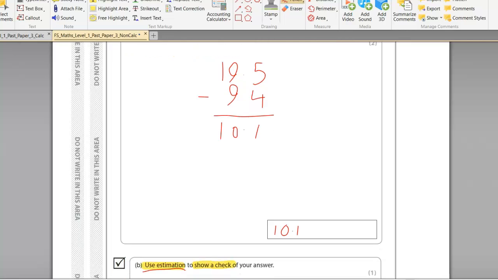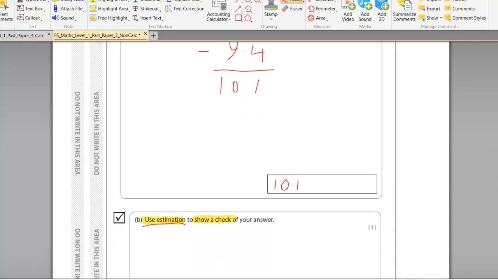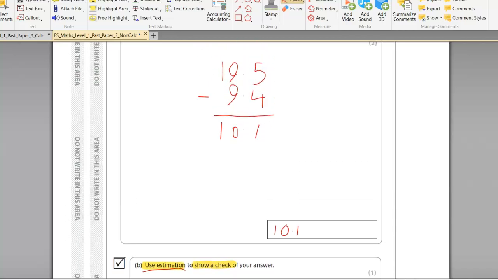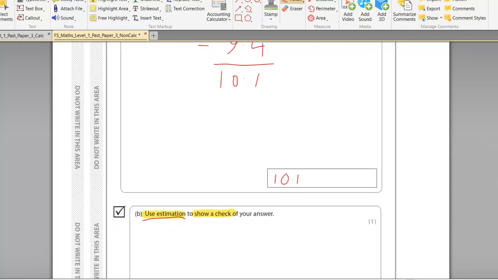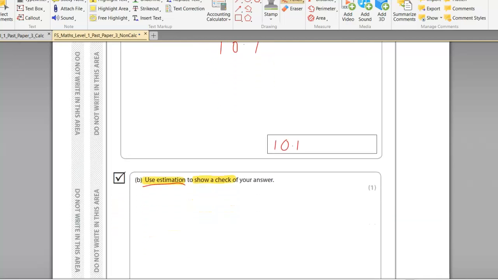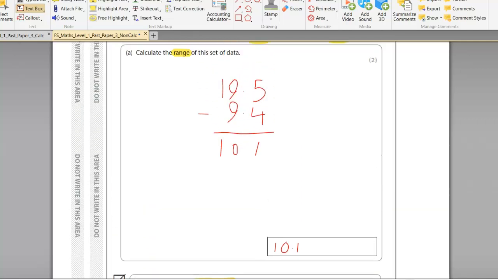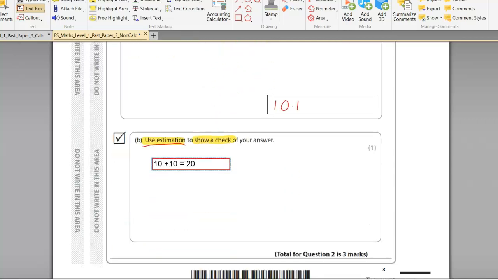But for the purposes of this, it's going to be easier if we just say round 9.4 to 10 instead of 9. Because if we were reversing it, 10 plus 10 equals 20. So that would be a reverse of this calculation using estimation.